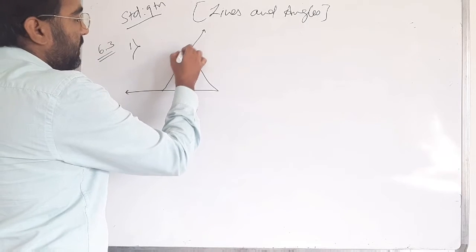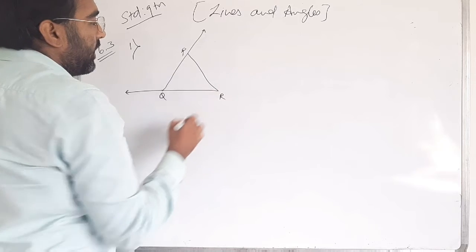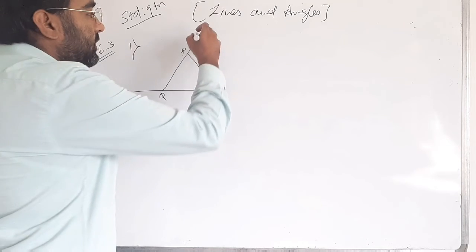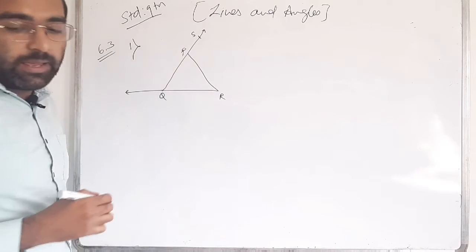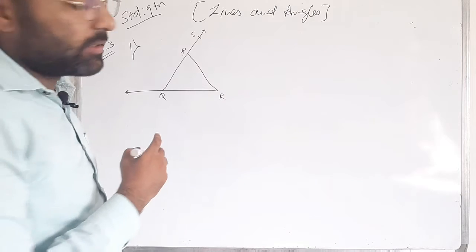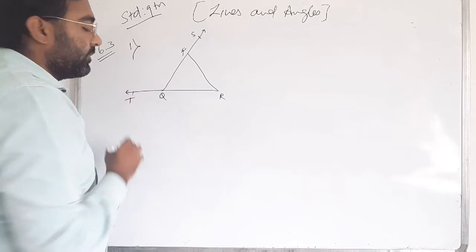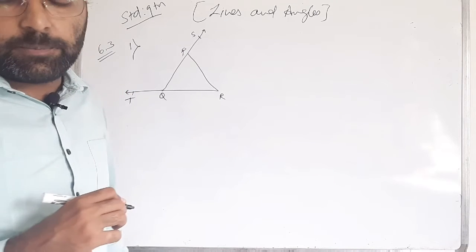My triangle is PQR. PQ is extended to S and RQ is extended to T.